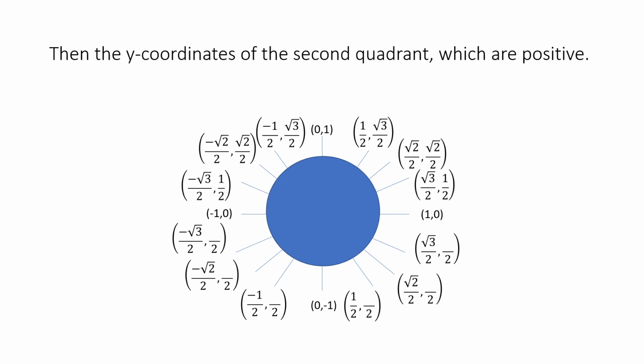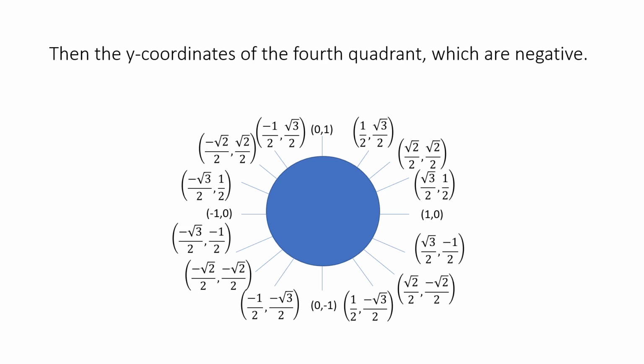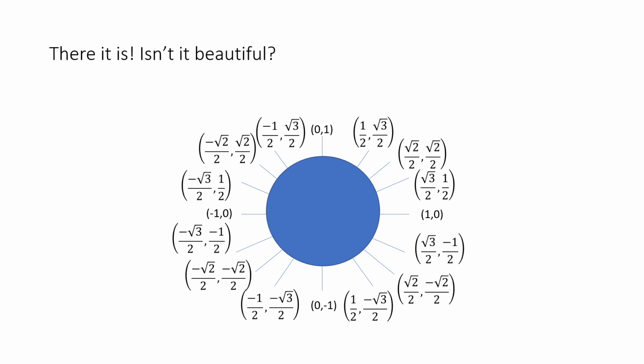And now when we go to the other one, we have root 3 and root 2 and 1. And you might say, well, how do I know they're positive? The reason is because they're y coordinates and they're above the x-axis. But now when we go below, we're going to see that they become negative, and we see that they're negative there as well. And so isn't it beautiful? Look at that. It's not that hard to really memorize it.